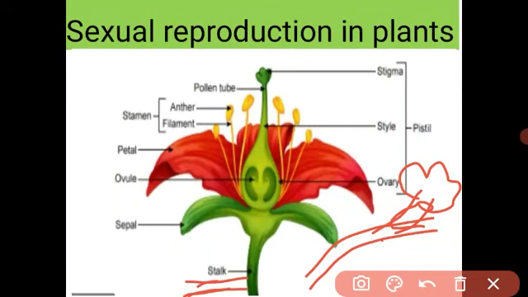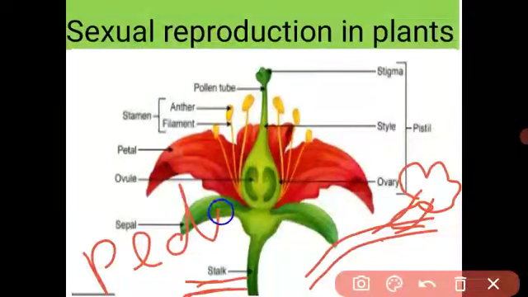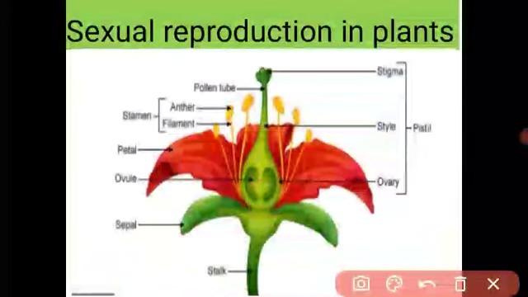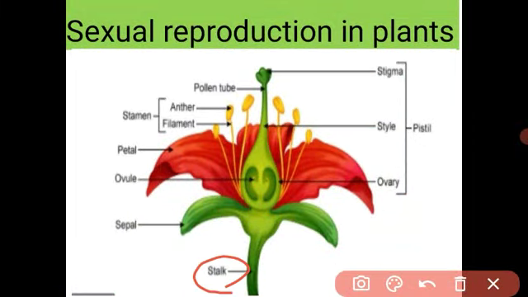The stalk is also called the pedicel. Understood? This is the lowermost part of the flower, and with the help of this part the flower is attached to the branch.